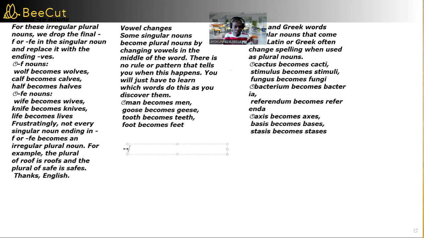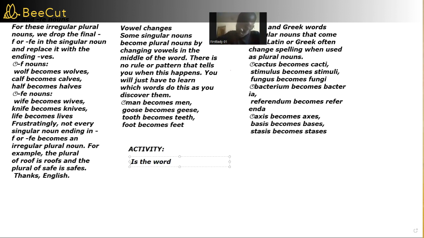Let me state this. So we want to check this word. Is the word media singular or plural?